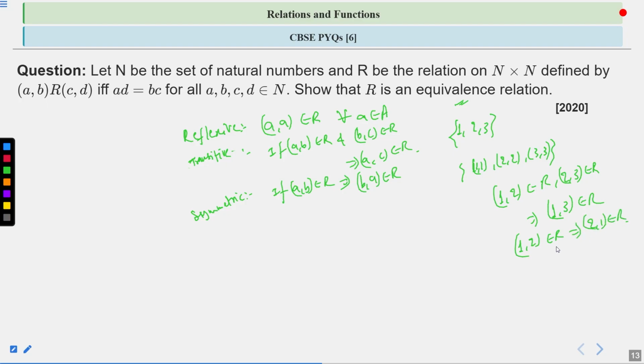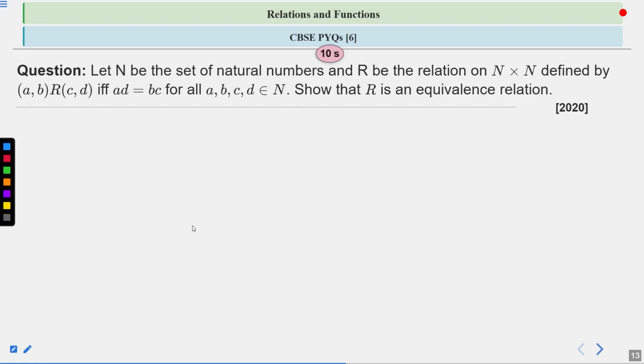So these are basically the conditions for the relation to become an equivalence relation. All three conditions must be satisfied, right? Okay. So you have 10 seconds to solve or think about this question. After that, we will discuss the solution part.